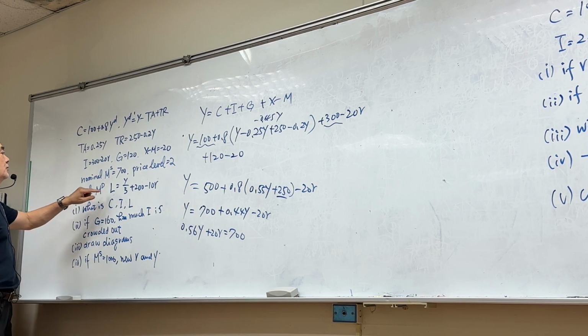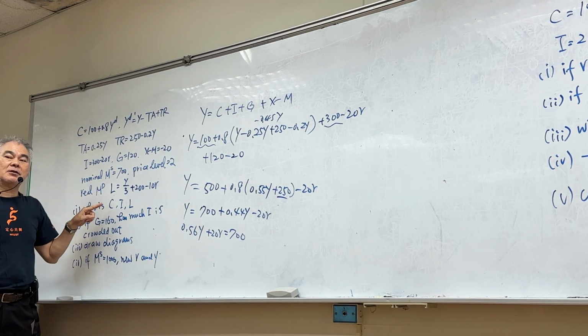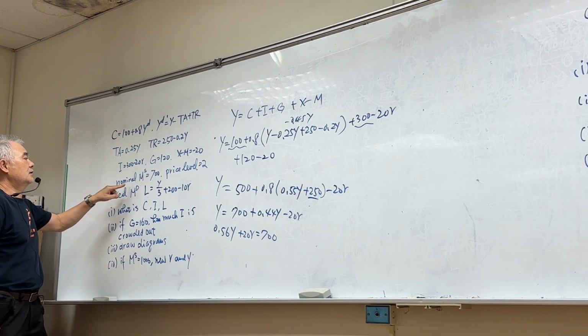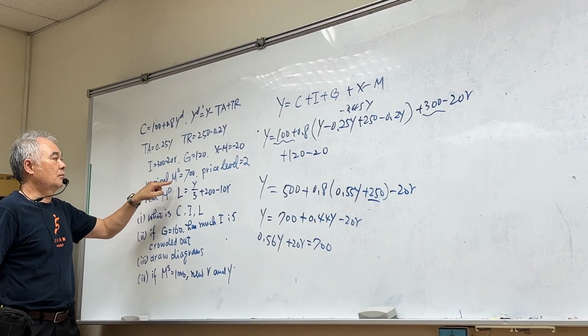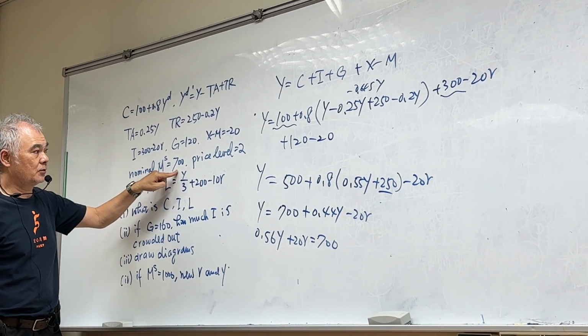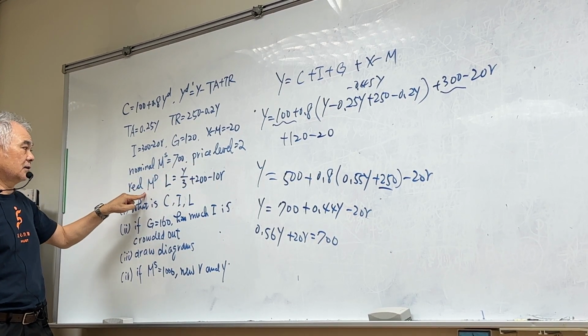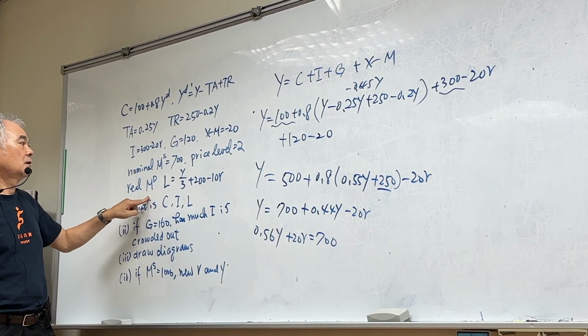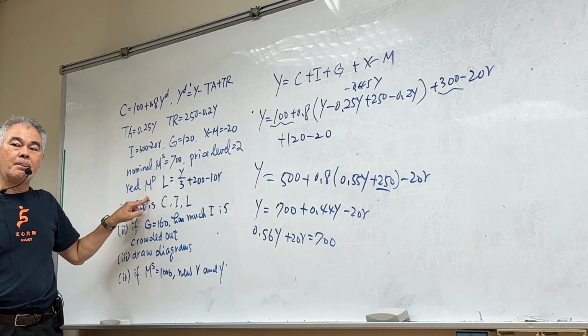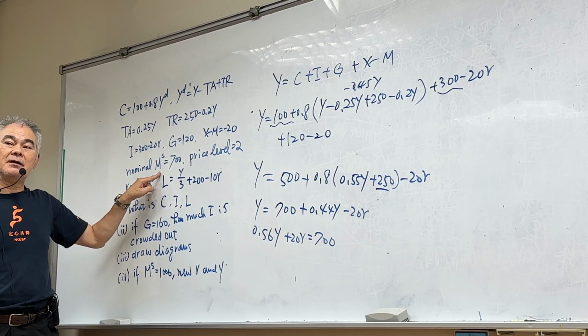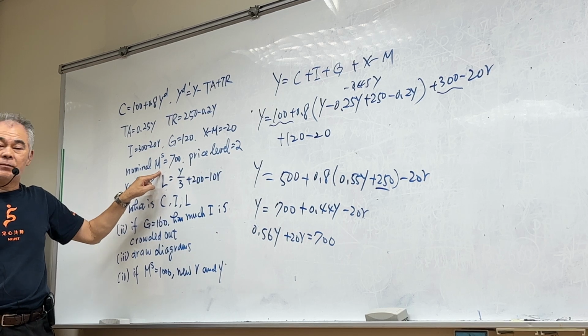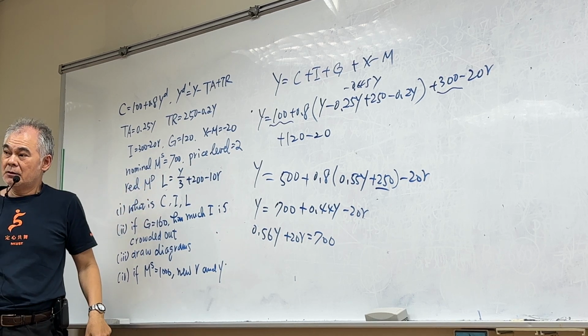And then let's get to here. It is a little bit tricky here, because here it is nominal money supply equal to 700, and price level is equal to 2. And here it is real money demand. So you have to be very careful, because money supply is nominal, but money demand is real. So it's different.